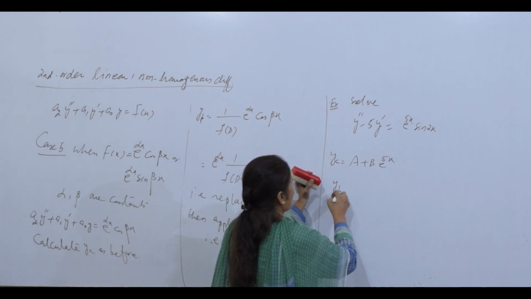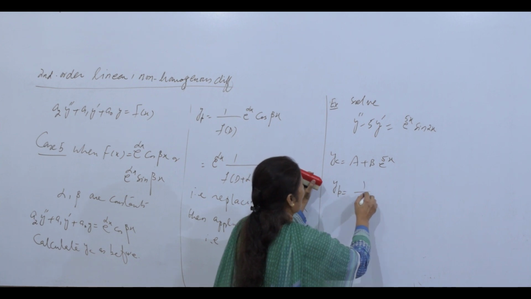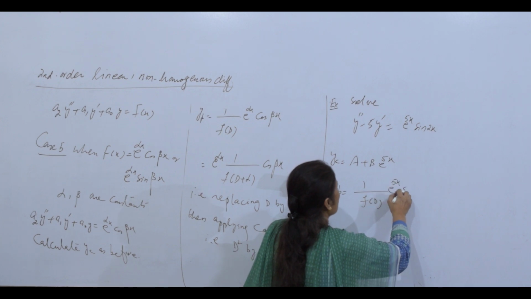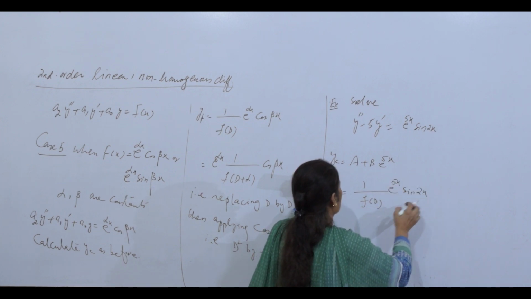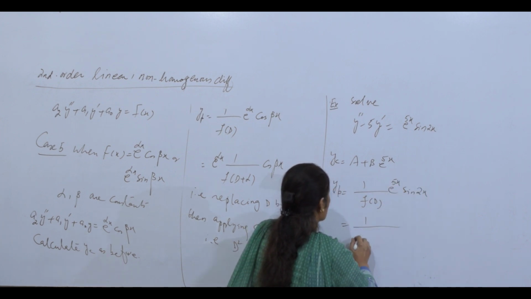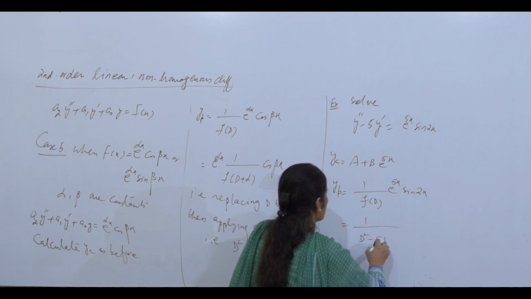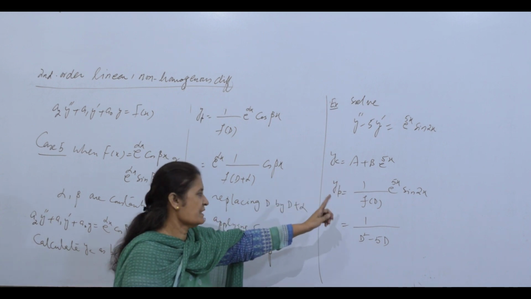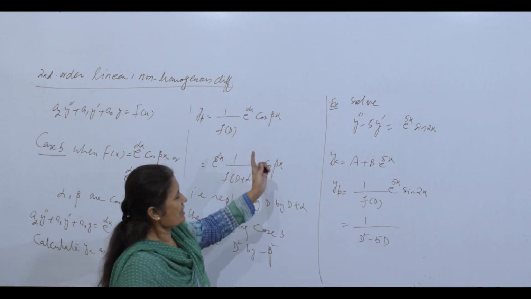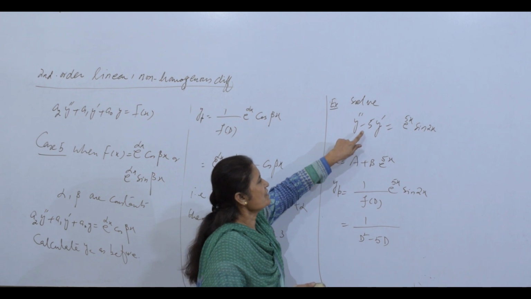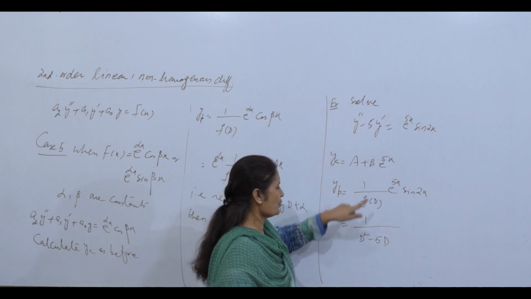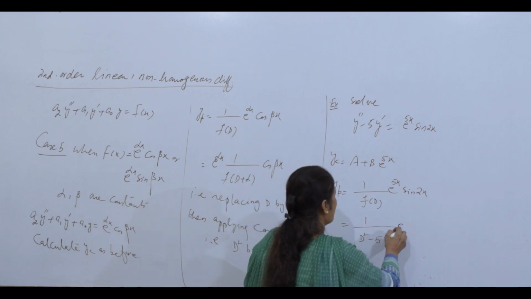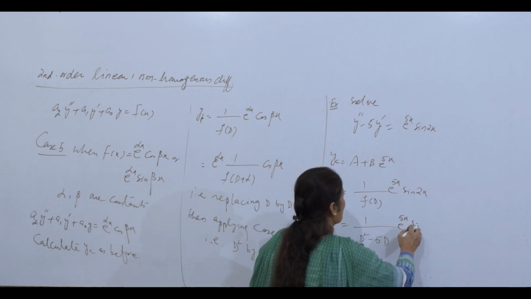So yp is 1 over a polynomial in D times e^(5x) sin 2x. What is the polynomial? Which is D squared minus 5D. This is going to be the same question. That's why I'm not writing each thing, because I have just finished that question, and the polynomial is going to be the same, but I have changed only the right hand side, e^(5x) sin 2x.